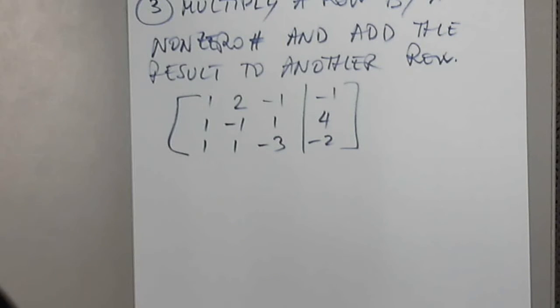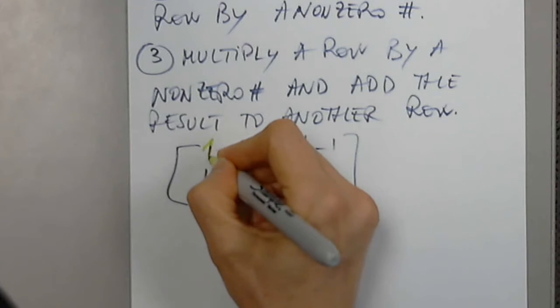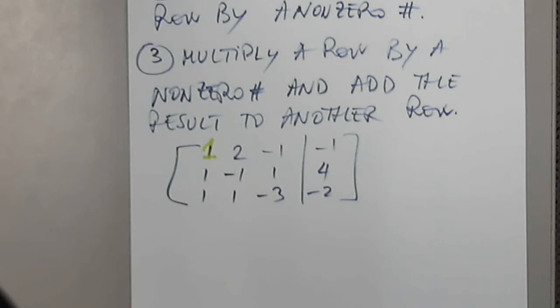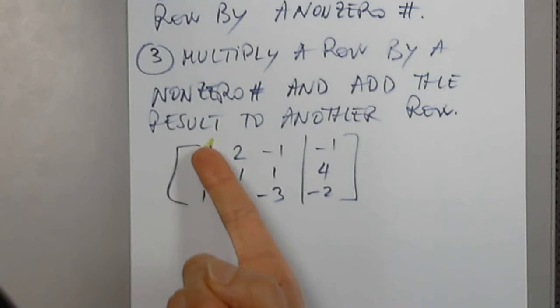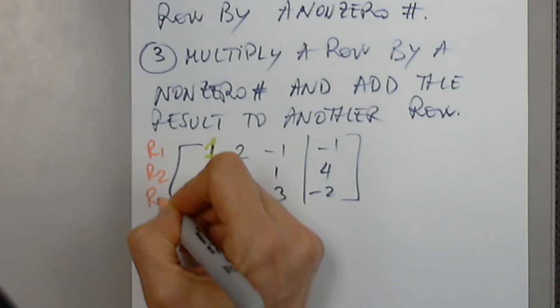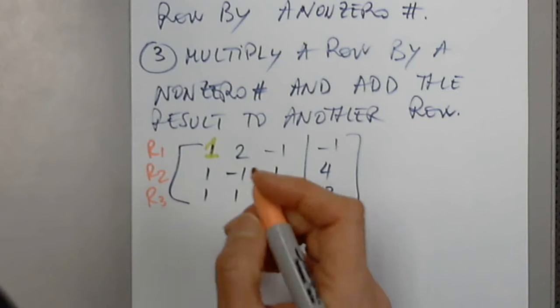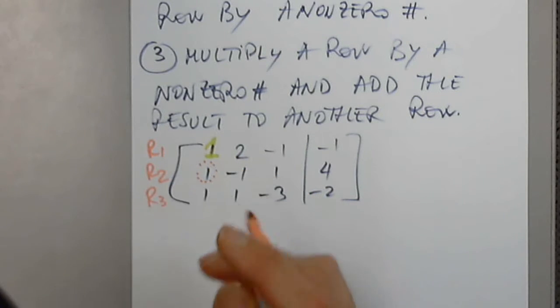The first step is always the 1 in each column. So this is the 1 in the first column that I need to stay. I am going to be using this row, and the rows are called R1, R2, R3. I'm going to use R1, multiply it by what number to add it to the second row in order to get a 0 here?